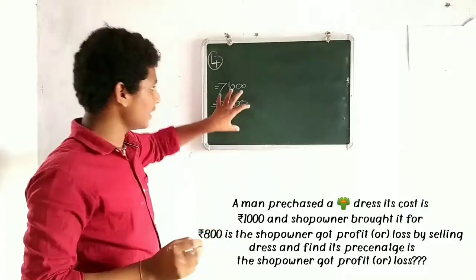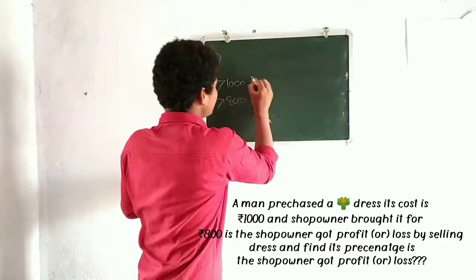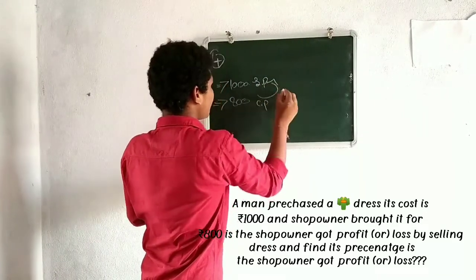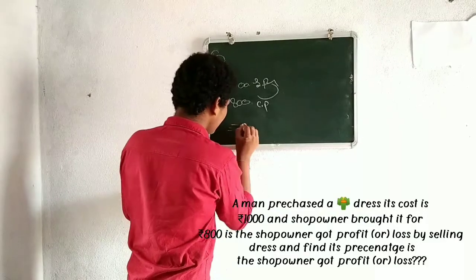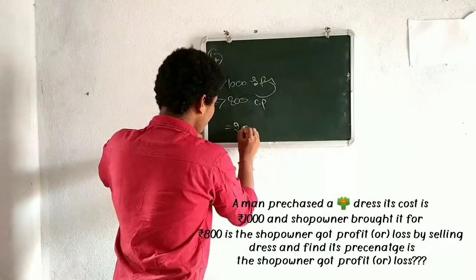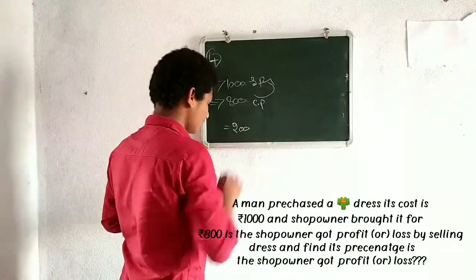Our question is, did the shopkeeper get a profit or a loss here? He got a profit. How much profit did he get? 200. Our question is, what is the percentage on this 200?